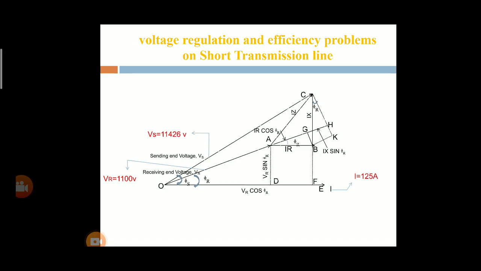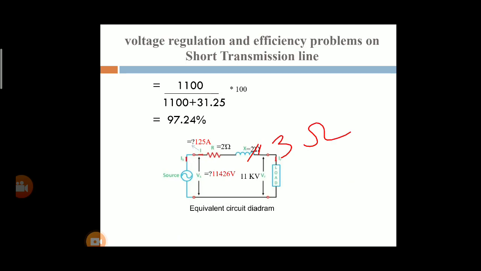In it we substitute the values for that problem: the sending end voltage that will be calculated, the receiving end voltage given in the question, and the current we already calculated. All of that will be represented in the phasor diagram, and we also draw the equivalent circuit diagram.